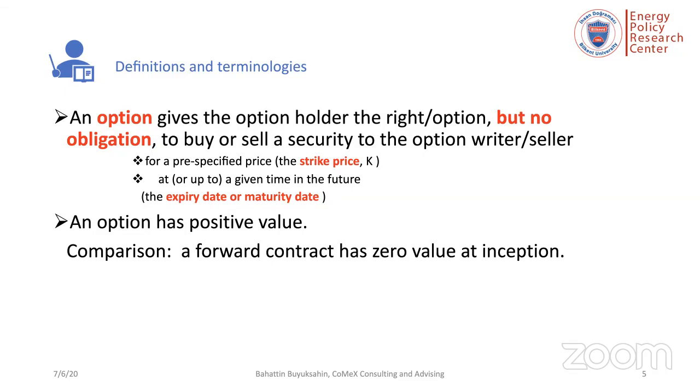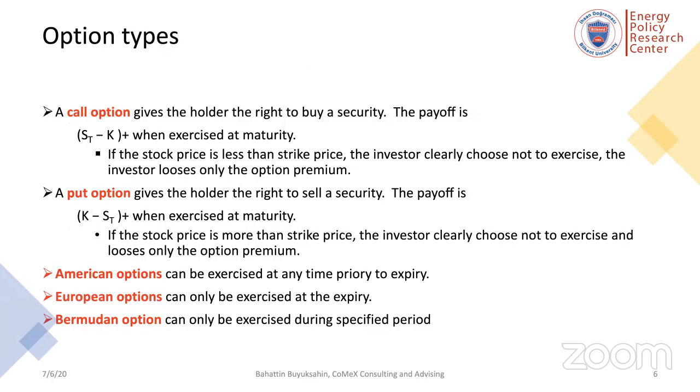We call it the expiry date or maturity date. In exchange for the rights, the buyer of the option pays a premium to the seller of the option. Therefore, an option has positive value as opposed to a forward contract, which has zero value at its inception.